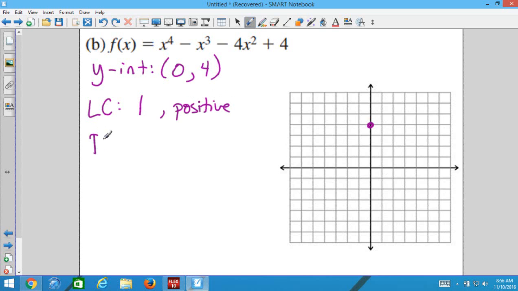The degree is 4. So it is even. Positive and even, what general shape do we have? It might be W-like, or it might be U-like. We just don't know until we graph it. So go ahead and type it in your graphing calculator and go to the table.